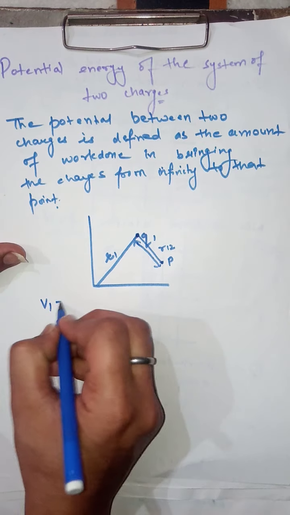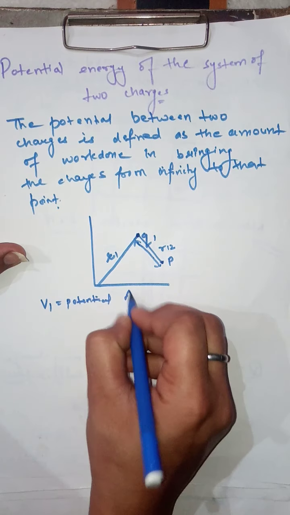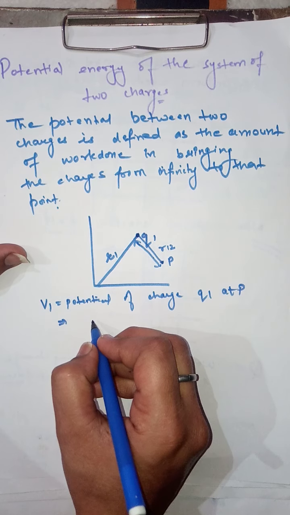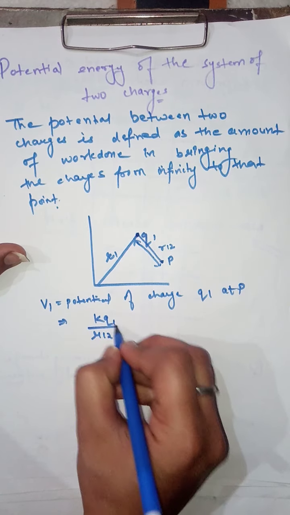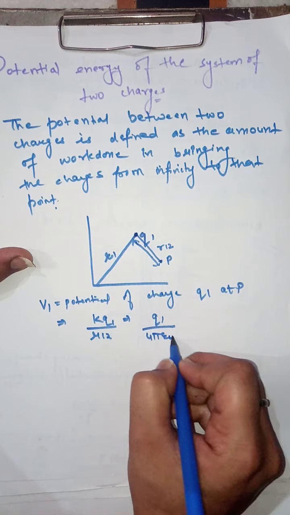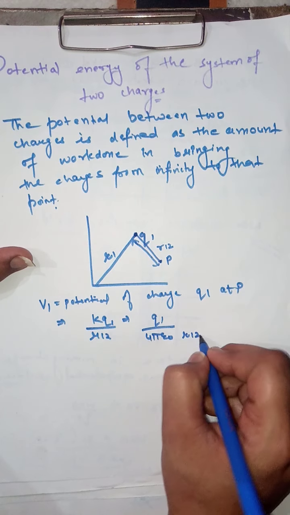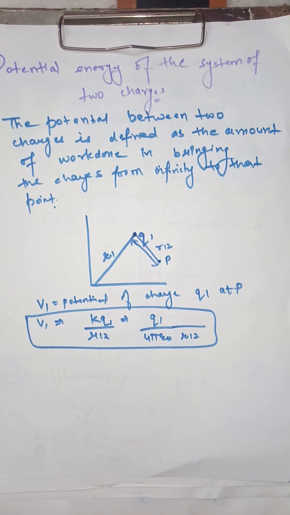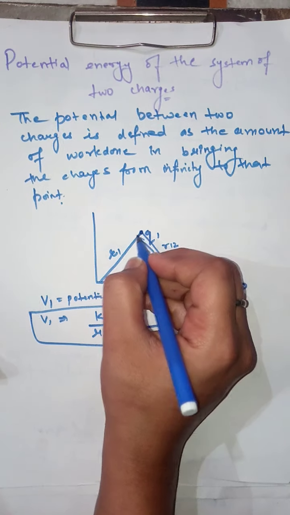It is given by V1, that is the potential of charge q1 at point P, equal to kq1 by r12, and from our previous lectures we know that k is equal to 1 by 4 pi epsilon naught. Therefore, V1 is equal to q1 by 4 pi epsilon naught r12. This is nothing but the potential of charge q1 at point P, or the work done in bringing the charge q1 from infinity to this particular point.